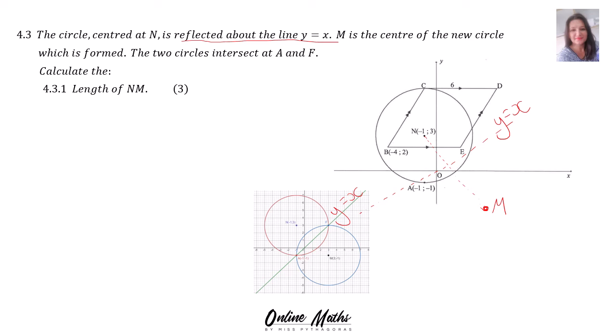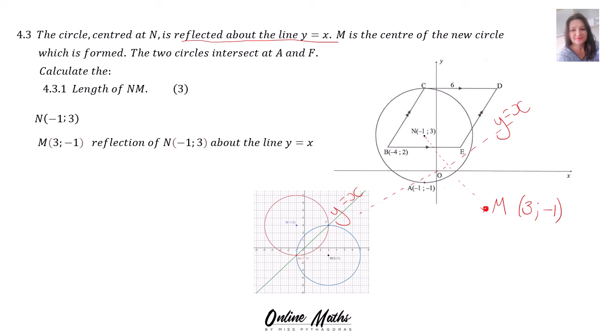So what I did for you was, since M is the new reflected point of N, reflection about the line y = x implies that the coordinates will swap. So M's coordinate is the point (3; -1) because of the reflection.